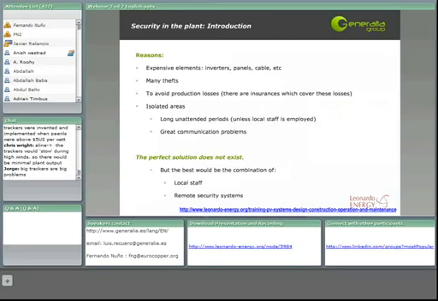If the elements are being robbed, then we might have to replace all these elements with all the costs that it implies, but we also have production losses that might be avoided. So, as our systems are being installed normally in isolated areas with long unattended periods, it is important to install a very good security system.